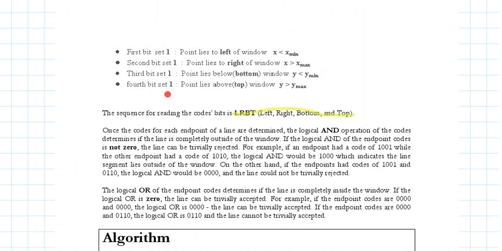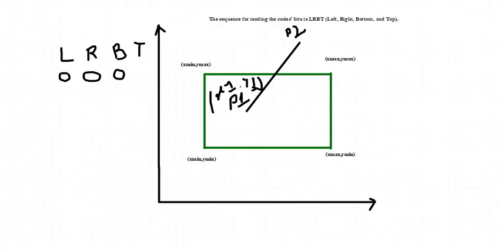Fourth bit will be set to 1. That means the T bit will be set to 1 if the point lies above or on top of the window, that is, y is greater than y max. If y is greater than y max, the point will lie above the top edge of the clipping window.